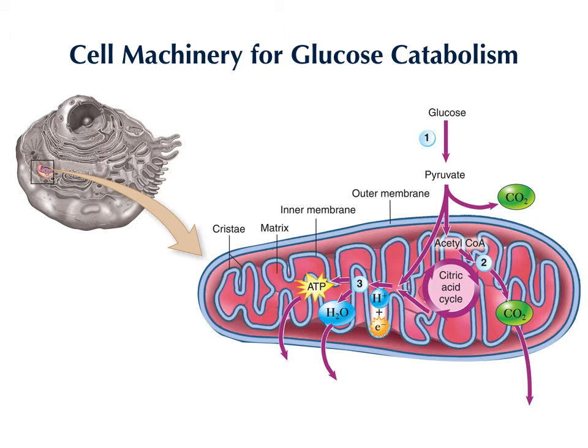Okay, so then let's look at this next slide, which is the cell machinery for glucose catabolism. And this is a nice summary picture we've gone through before, where the glucose moves in to the cell and is rapidly phosphorylated to trap it inside of the cell, and glycolysis then occurs in the cytoplasm, the end result being the pyruvate that's made.